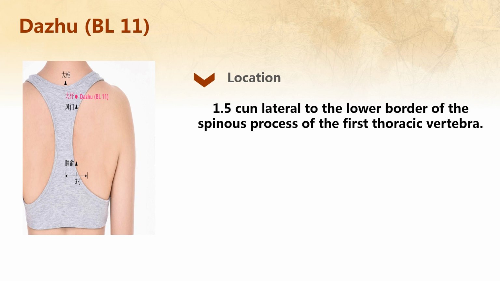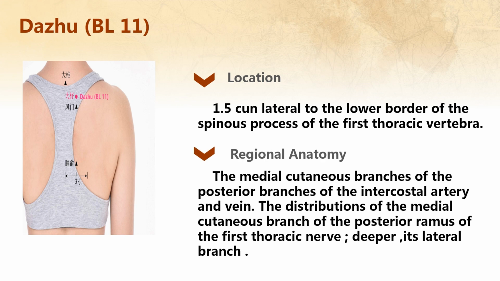The third point is Dazhu. The acupoint is located 1.5 cun lateral to the lower border of the spinous process of the first thoracic vertebra. The location of this acupoint contains the medial cutaneous branch of the posterior branch of the intercostal artery and vein.